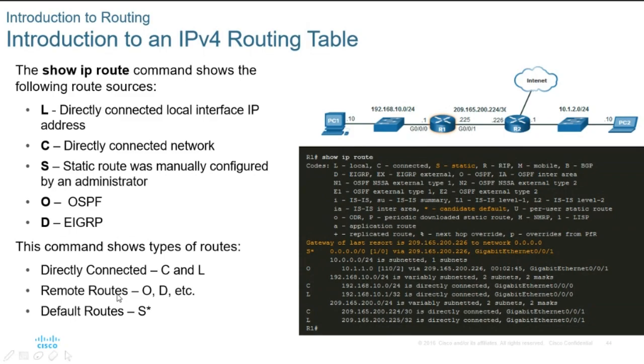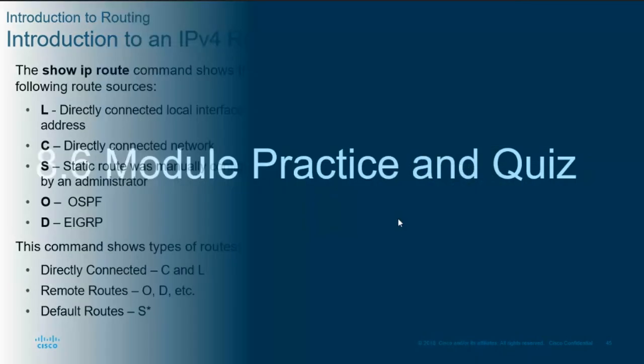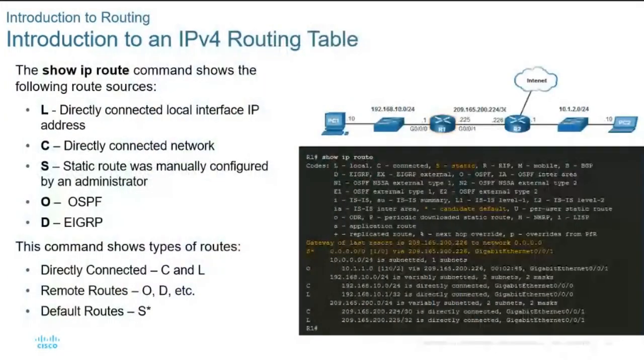And then the remote routes. You need to understand the O or the D. The O is this, 10.1.1.0, dot 1. That means remote routes.